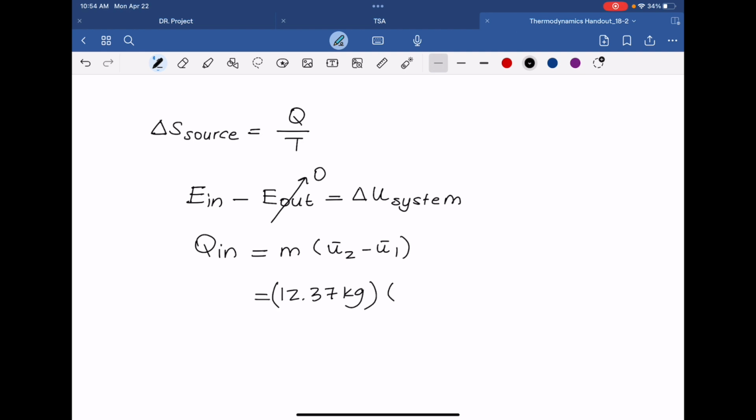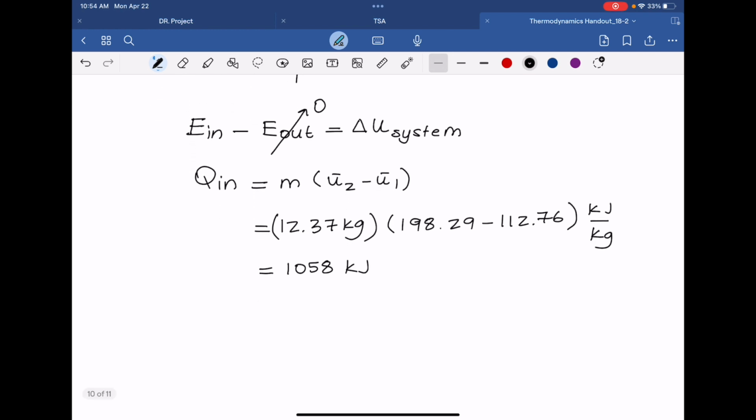We know the internal energies we calculated using quality at first and second state. All right, now that is the heat interaction, and we can use that to calculate the source entropy change.